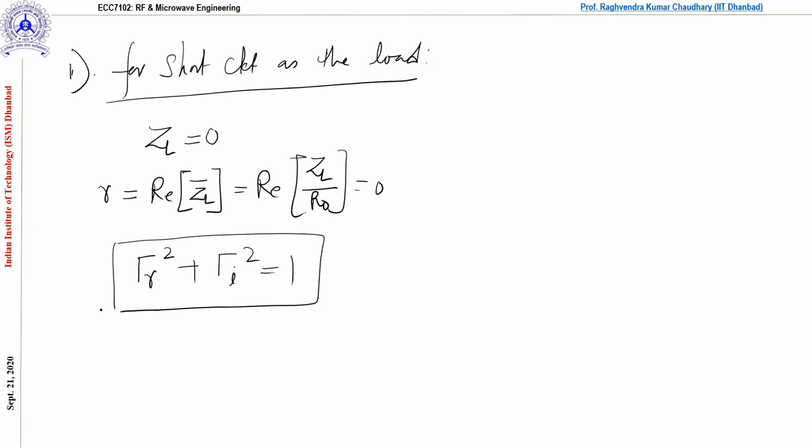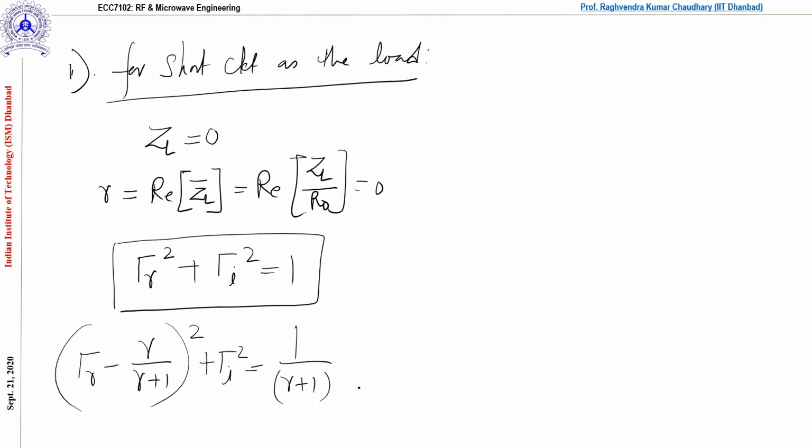And what was the equation? I'm just writing here for your reference. So now if r is 0 and you put it here, you will get this equation. I hope this is clear to you. Now this equation is the largest circle, which is centered at the origin and the radius is unity.